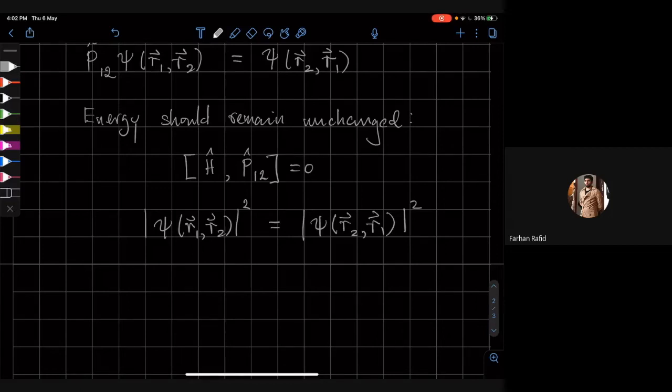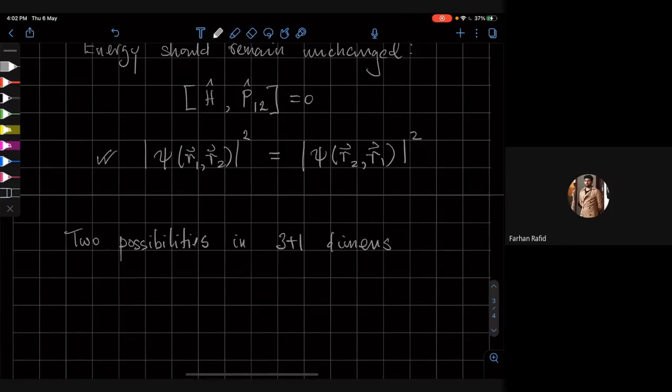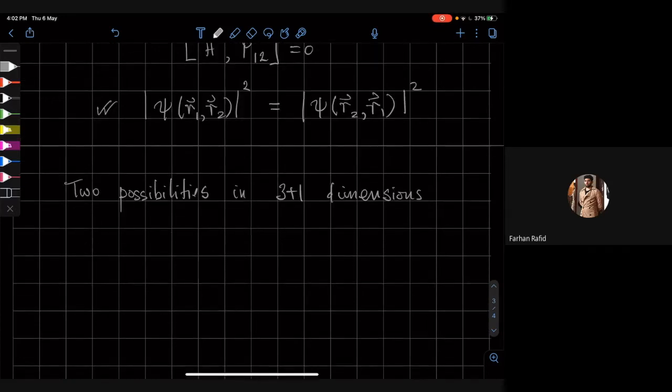Okay, so now there are two possibilities that solve this condition, in 3+1 dimensions. Those possibilities are, number one, that under exchange of the two particles, the wave function remains the same.